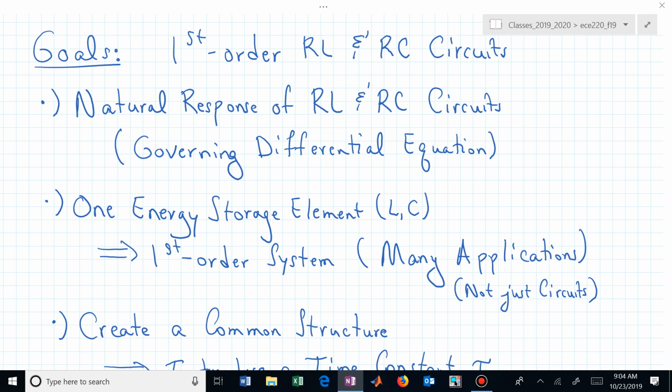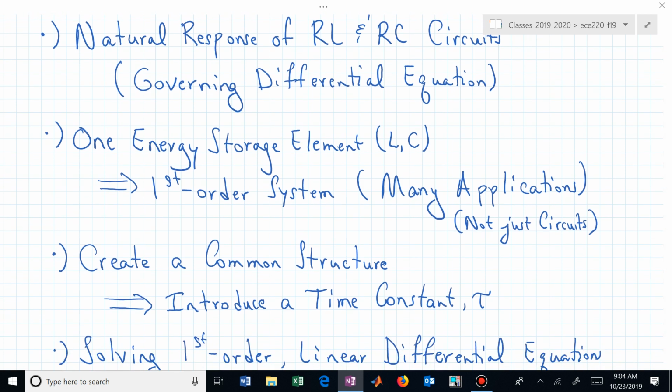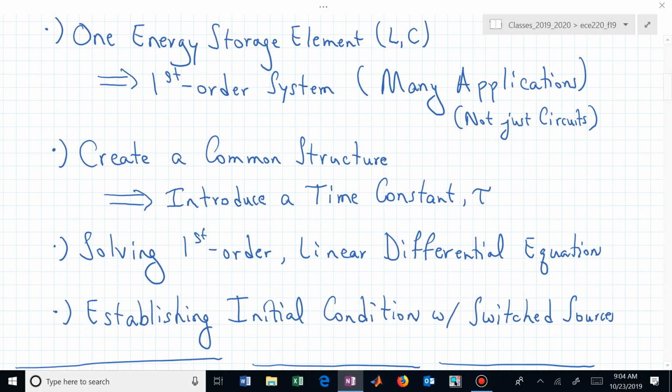But there are many different applications, not just circuits, that can be modeled by these first order linear differential equations. So if you're not that excited about circuits, even though you're in this class, you can apply these techniques to different systems, mechanical systems, thermal systems, etc. Knowing first order differential equations is important.